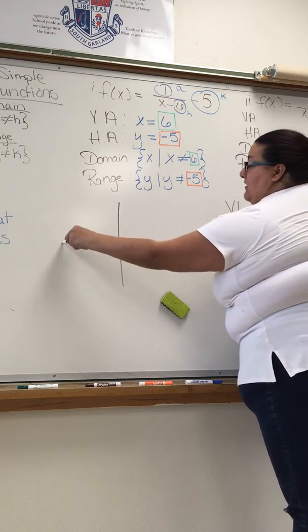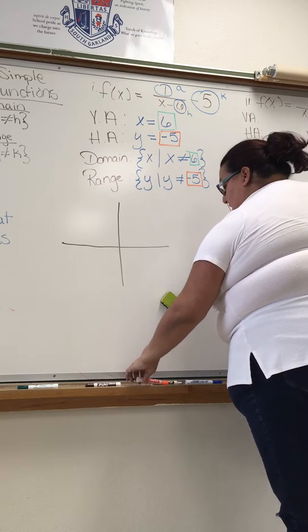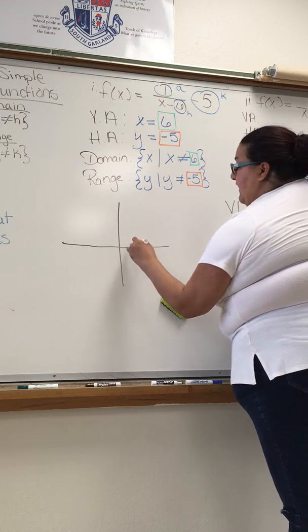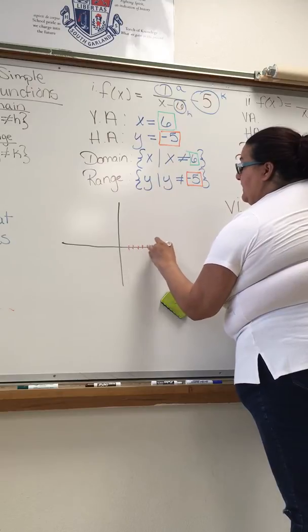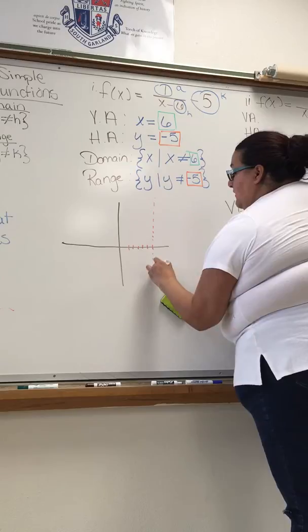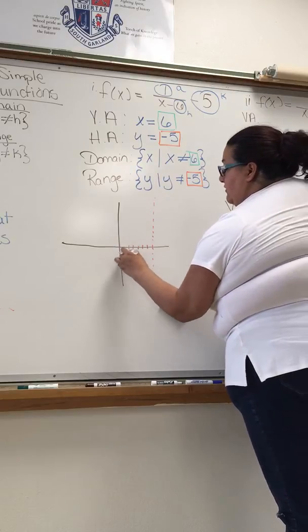Basically, 6, negative 5, 1, 2, 3, 4, 5, 6. Negative 5, 1, 2, 3, 4, 5.